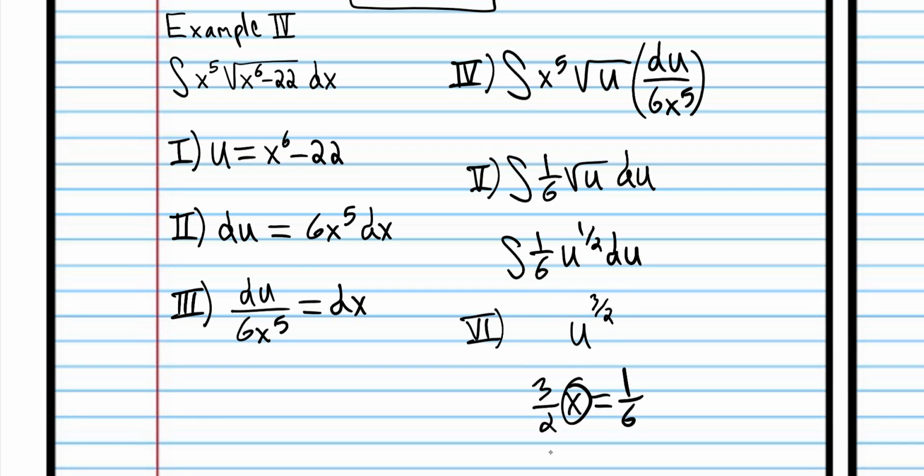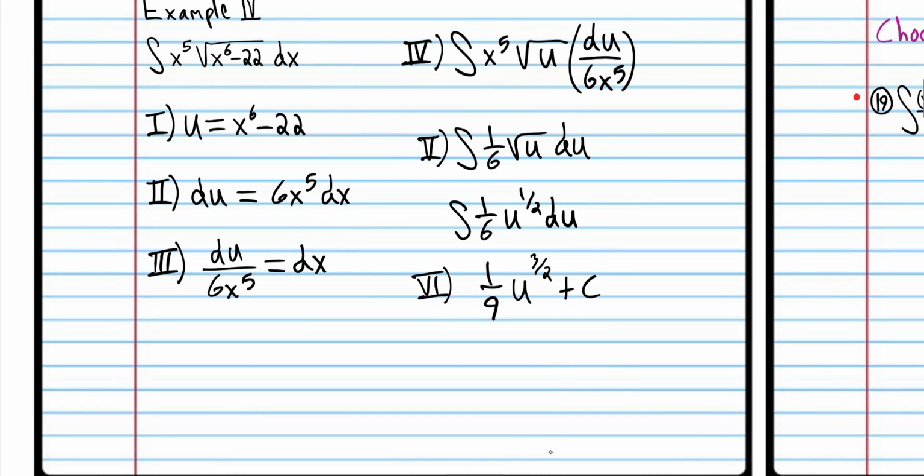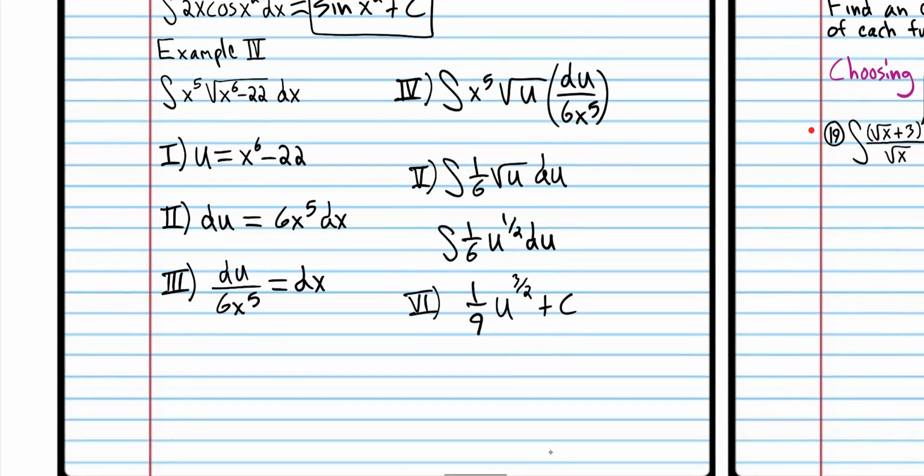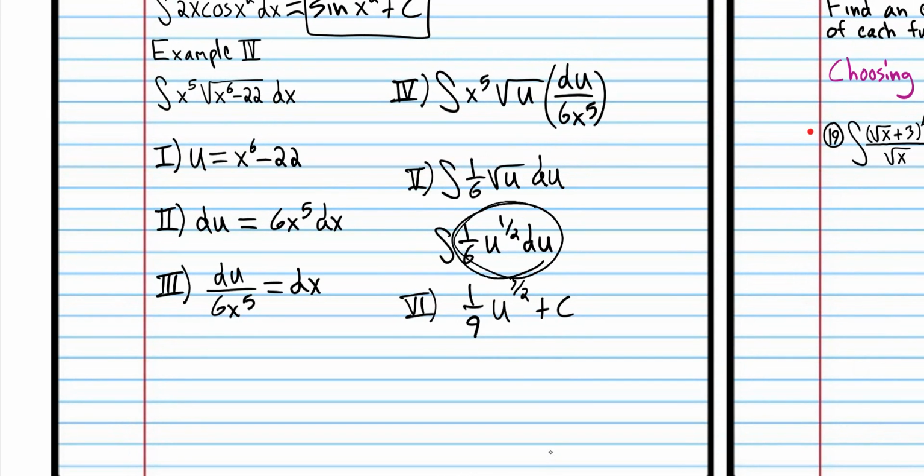And so what is that something? That something is going to be 1/9, it looks like, when you solve for x. So we're going to need a 1/9 there, and then we're going to have to add c. So we found the antiderivative of that expression. So again, you can see it was much easier to find the antiderivative of that expression than the antiderivative of that expression. That's the whole point of this.